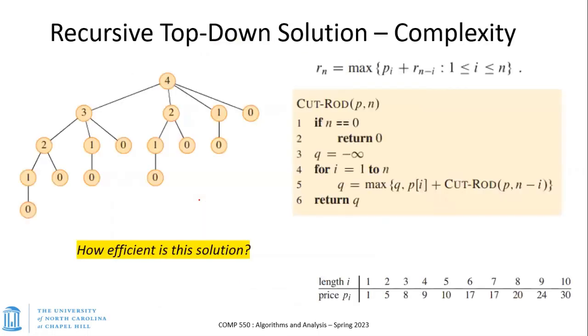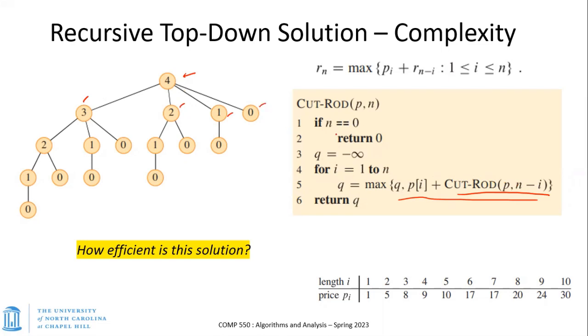If you look at this, it sort of makes it more clear. If you're looking at, for example, a rod of size 4, it's going to use this equation. I'm going to look at a repeat for smaller rods of n minus 1, then n minus 2, then n minus 3, then n minus 4.